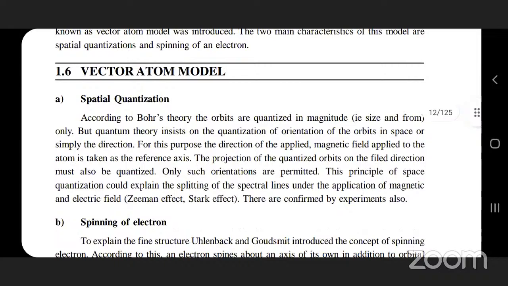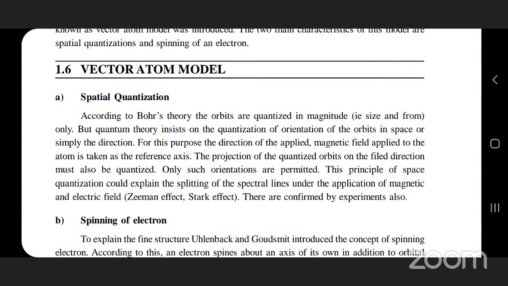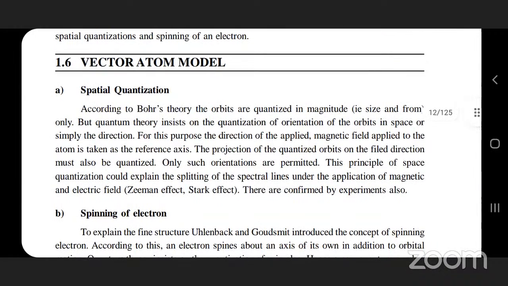Next one is the vector atomic model, a most important expected essay question. In this vector atomic model, you need to know what spatial quantization is. According to Bohr's theory, the orbits are quantized only in size, but quantum theory consists of quantization of the orientation of the orbits in space, or simply in direction.